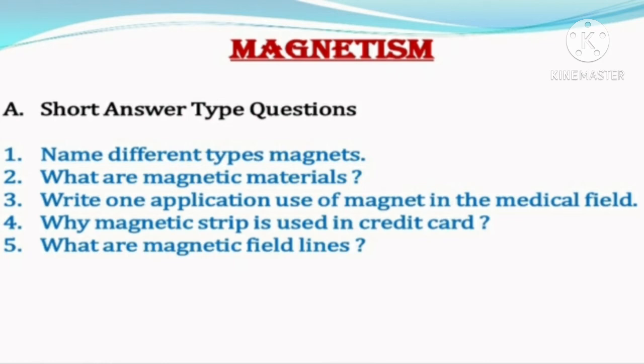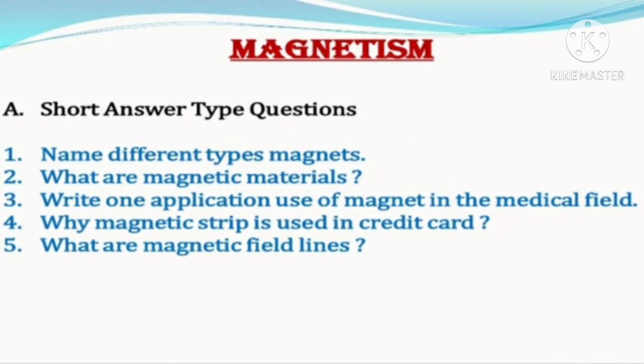Answer: the materials which are attracted by a magnet are called magnetic materials. Question number 3. Write one application use of a magnet in the medical field. Answer: magnetic power creates magnetic fields which can be used for many things and used in magnetic therapy.